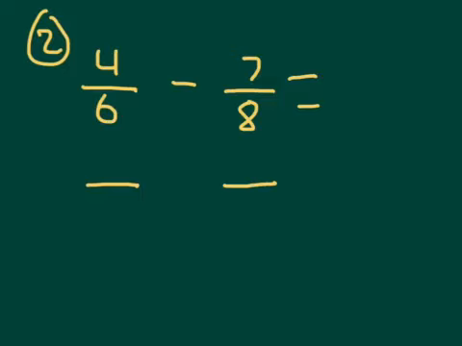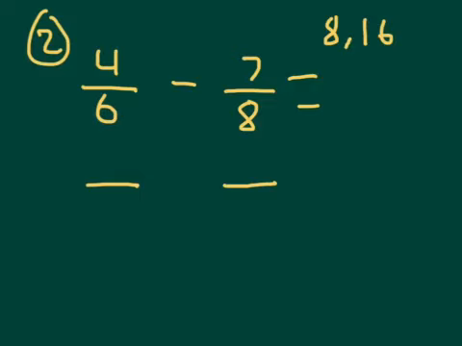Again, you always want to start with the larger of your two denominators and see if your smaller number can fit into it. In the last example, it worked. However, here 6 will never evenly fit into 8. It's not a multiple. So you go up by multiples of 8 until you find a number that 6 can go into. Of course you have 8, and then 16.